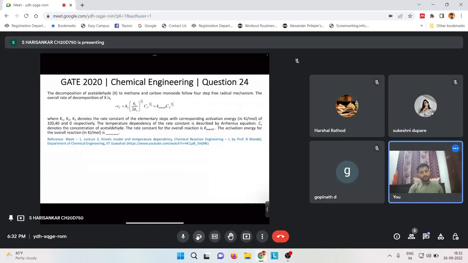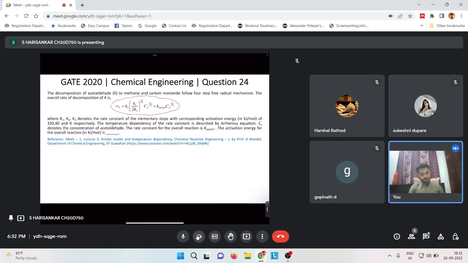Okay. So here they have given us a rate equation. They have said that this reaction happens in a four-step free radical mechanism, and this rate equation has three rate constants K1, K2 and K3, which is denoted as K overall as well. And they have also given us the activation energy for each of these steps.